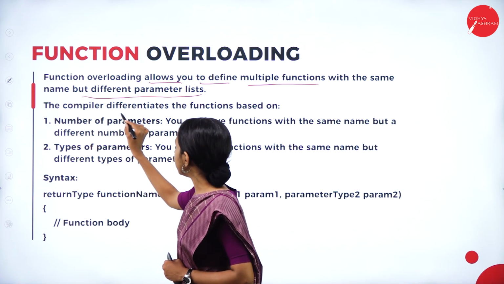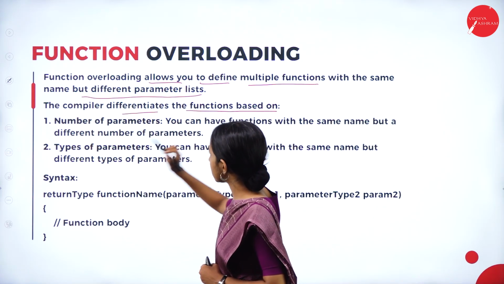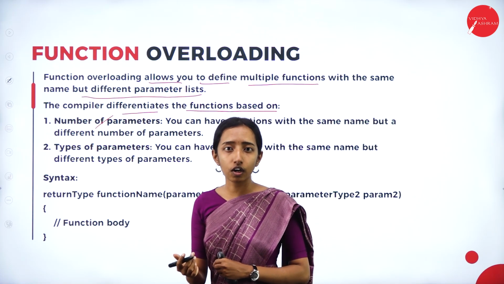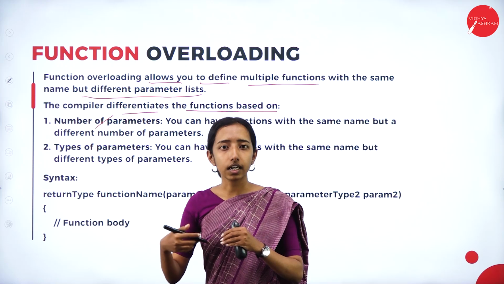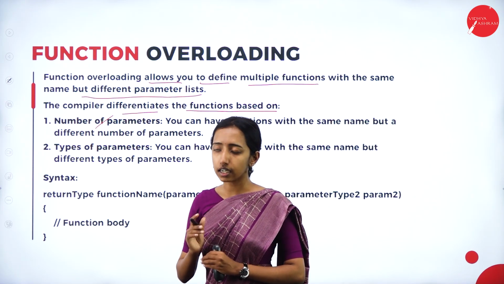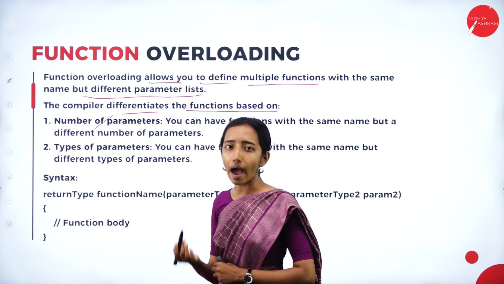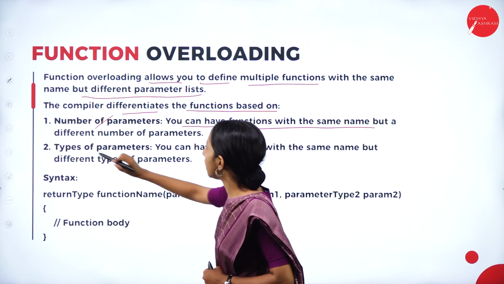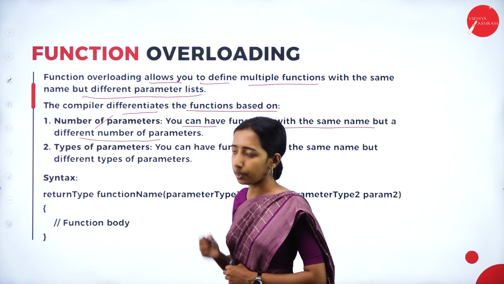The compiler differentiates the functions based on the number of parameters. As I said, function overloading means the same name but a different parameter list. So, number of parameters: you can have functions with the same name but a different number of parameters.